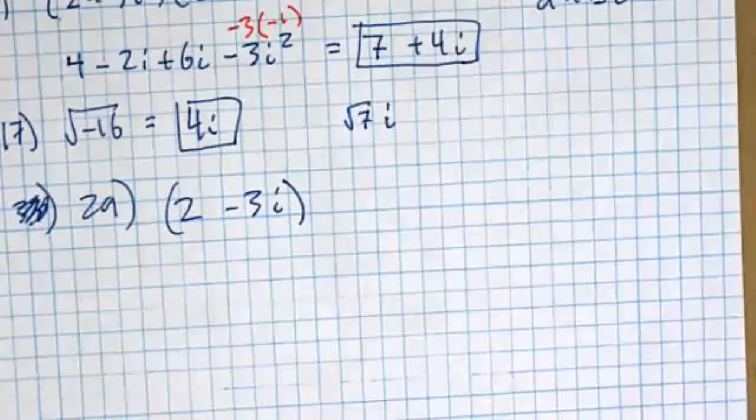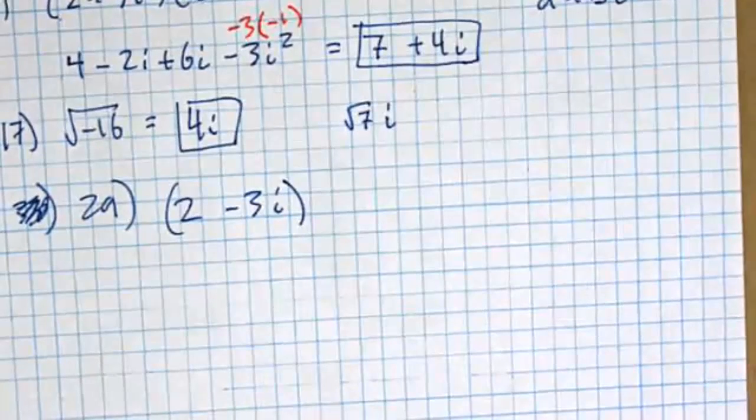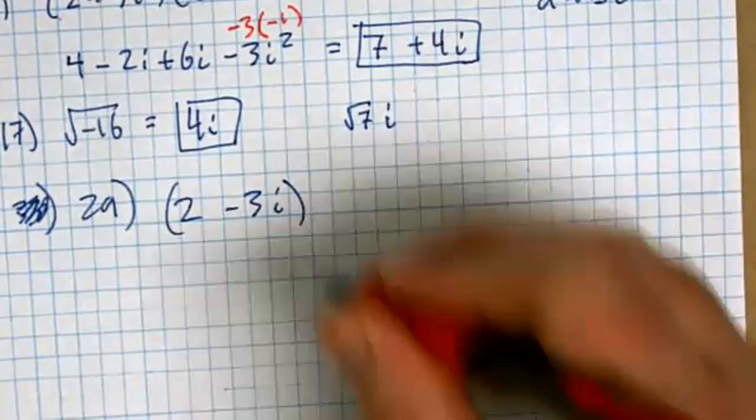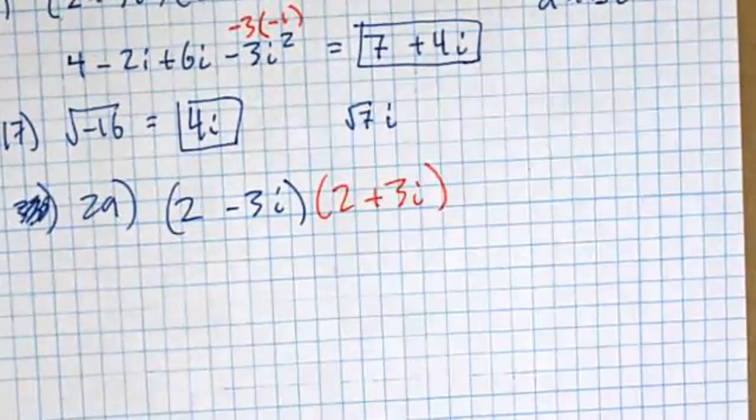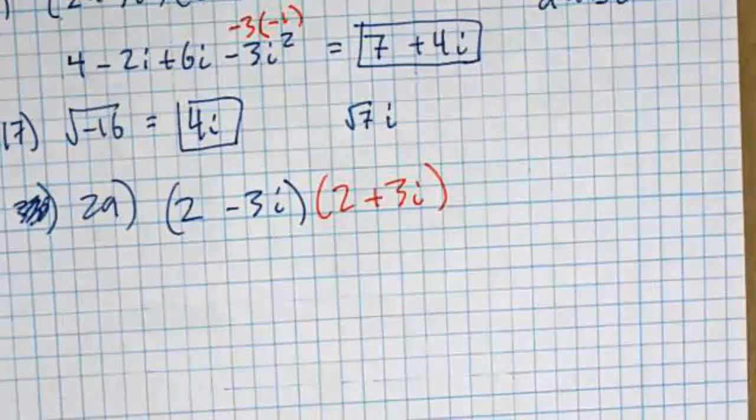What would the complex conjugate of 2 minus 3i be? 2 plus 3i. It's the same thing, except the imaginary part gets its sign flipped. As long as you're writing it in standard form, the second part gets its sign flipped.